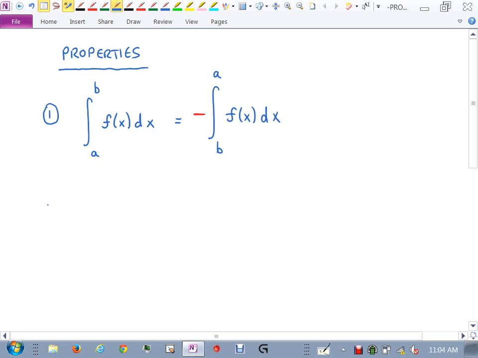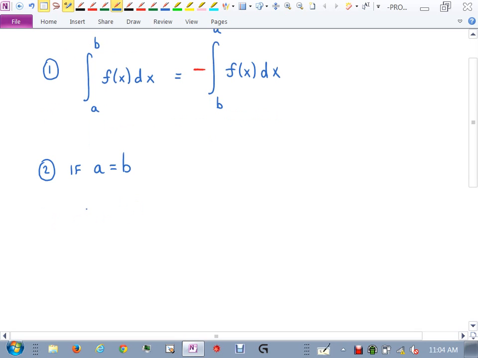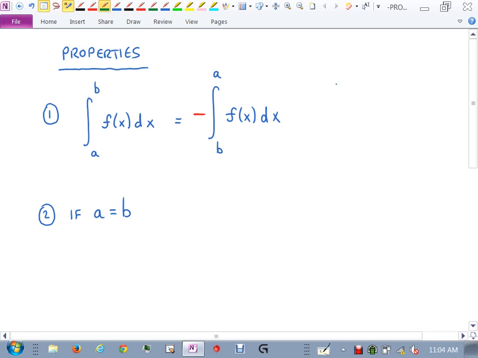The next property, if A equals B, and maybe I should draw a picture over here just as a reminder of what I was saying geometrically. What does this all mean?